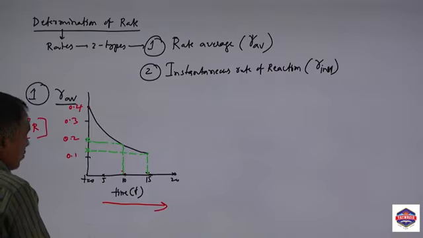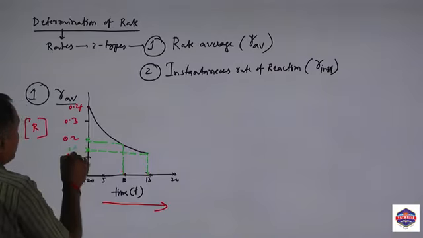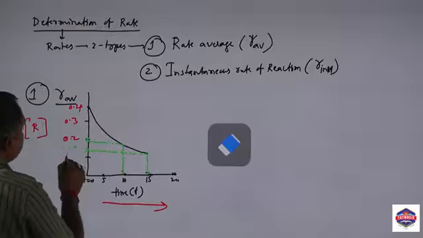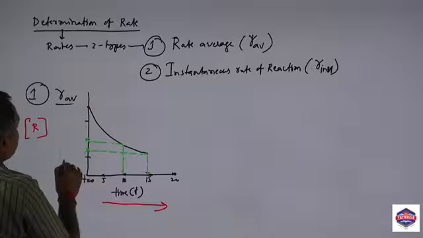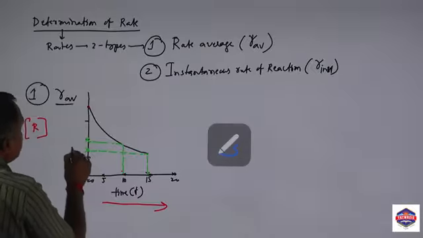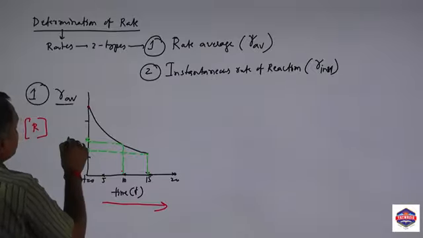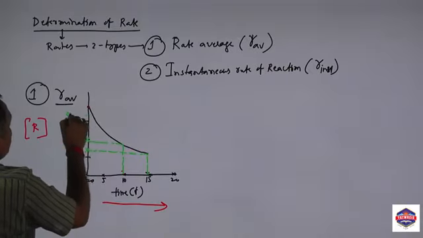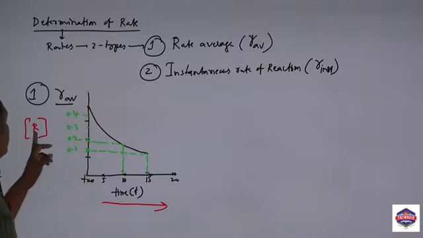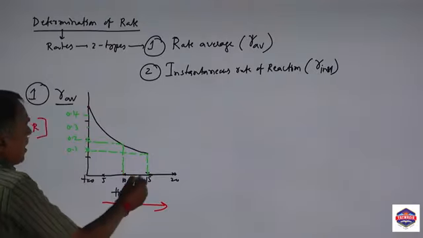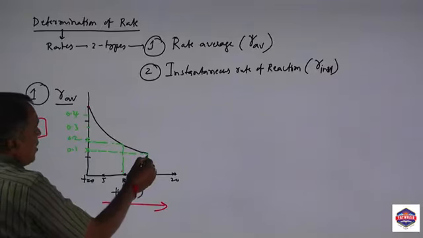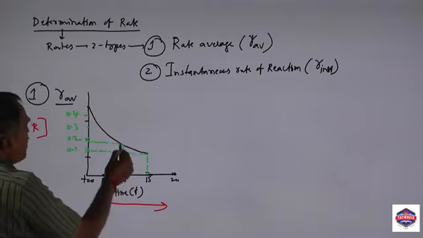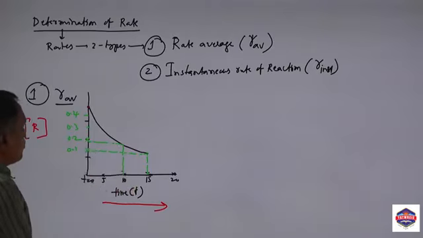Suppose this is 0.1 moles per liter, this is 0.2 moles per liter, this is 0.3, this is 0.4. This is the concentration of reactants. At time 15 minutes we have the concentration of the reactant as 0.1 moles per liter, and at 10 minutes the concentration of the reactant is 0.2 moles per liter.